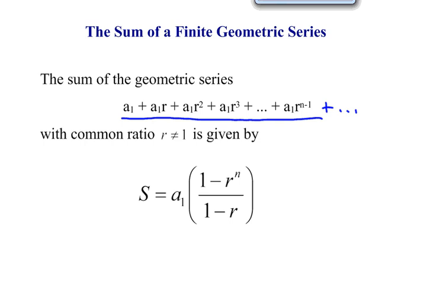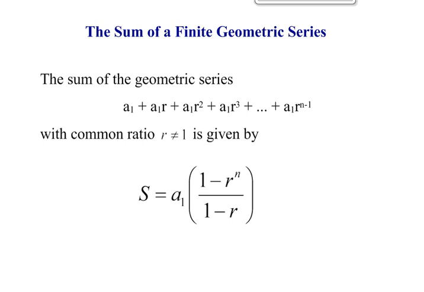We're going to stop adding terms at some point. And so that's how this is different. Now, when you use this formula, the common ratio cannot equal 1. So be aware of that. And we have the new formula, S equals a sub 1 times 1 minus r to the n over 1 minus r.